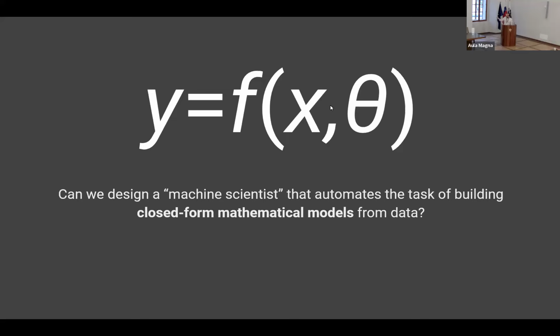So what we want to do is design a machine scientist that automates the task of building this model, of y equals a given function of these features. Of course, this applies to any machine learning approach, or any statistical modeling approach, if you want. We always want to relate some target variable, some output, to some inputs, to some features.